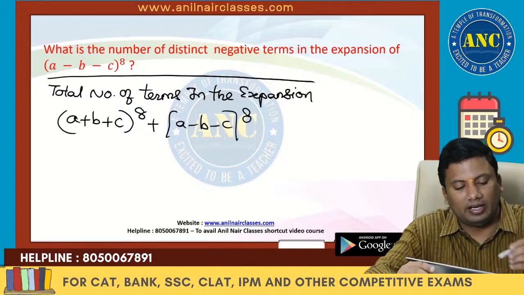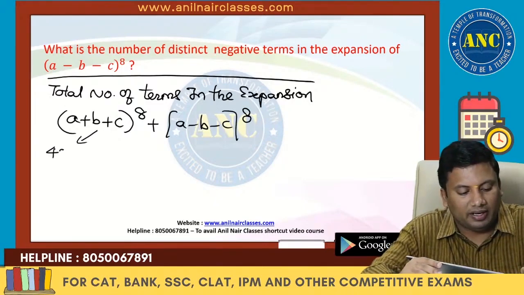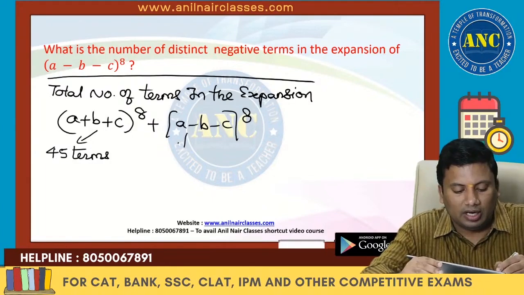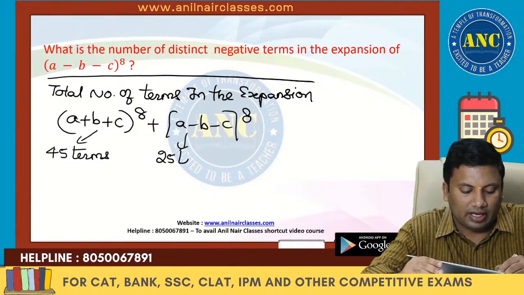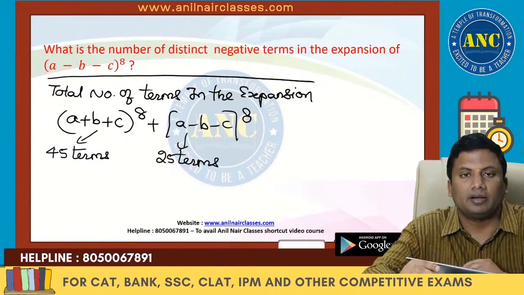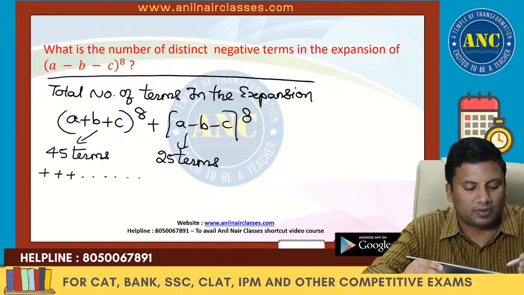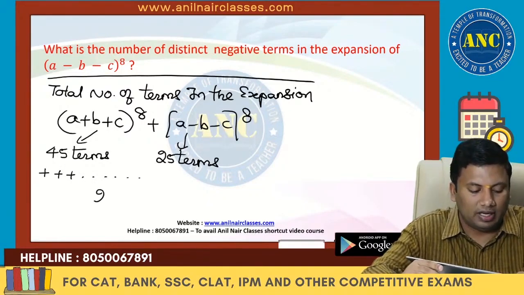Here I got 45 terms positive. Here I got 25 terms negative. So this will be plus plus plus plus, and 25 terms will be eliminated.